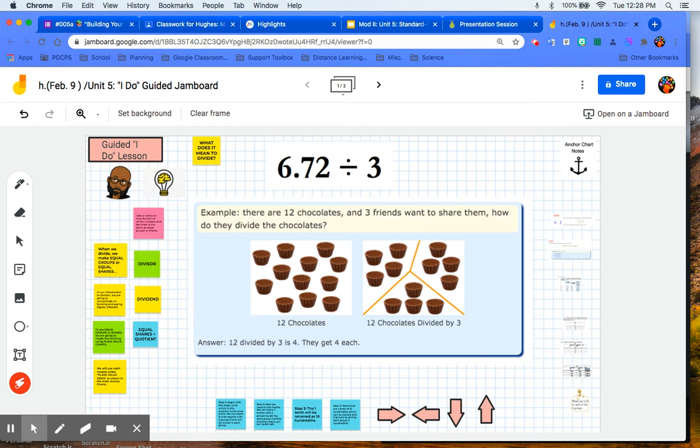That's not sharing equally. Division is the skill of finding equal groups in a number. So if I use this example as a division problem, it would be 12 divided by 3, because you're trying to find 3 equal shares.